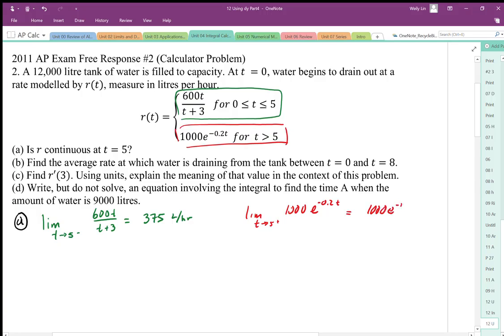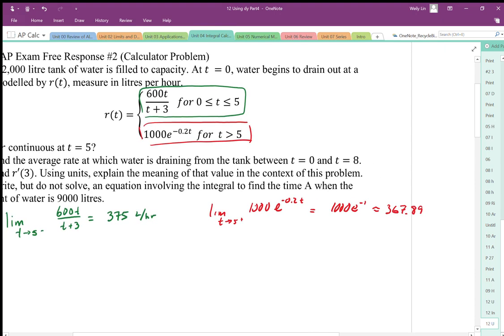So 1,000 divided by e, when I work that out on my calculator, that's approximately 367.89, and again that is liters per hour.